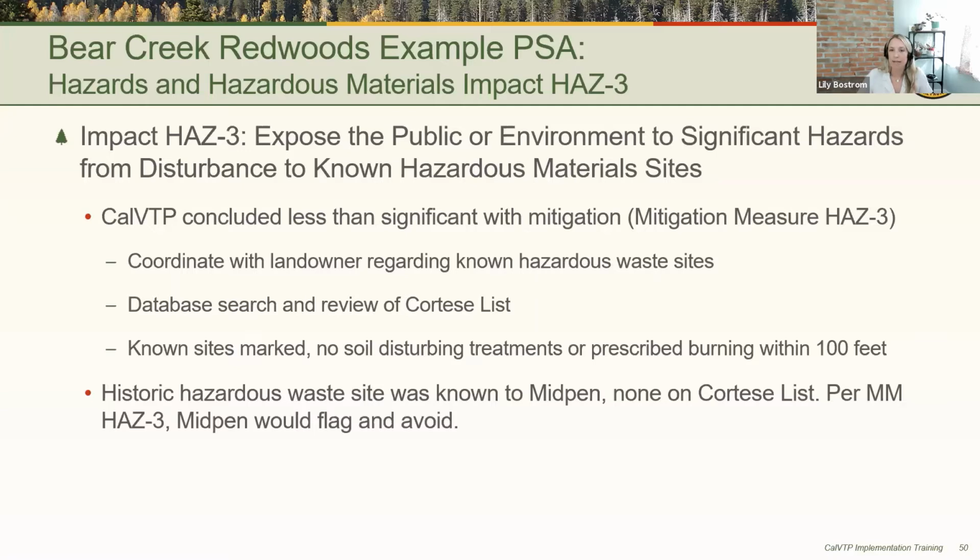Mitigation Measure Haz 3 requires coordination with landowners regarding any known hazardous waste sites, a search of the Cortese list, and if there are any known hazardous material sites within a treatment area, then they must be marked and no soil disturbing treatments or prescribed burning can occur within 100 feet. So in this case, there was a historic hazardous waste site known to MidPen, and so this does inform the impact discussion that we are about to walk through. Next slide, please.